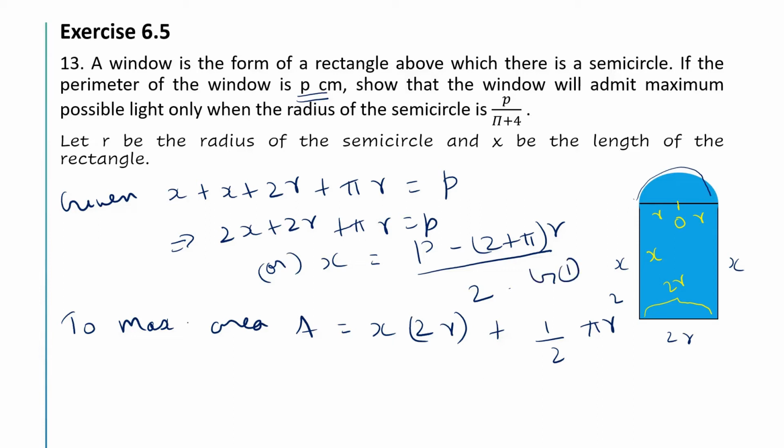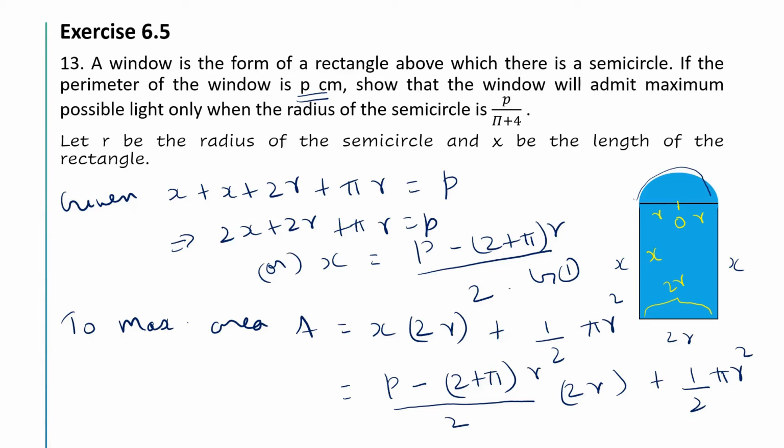So let us substitute x here. So this is equal to p minus (2 plus pi) into r, divided by 2, into 2r, plus half pi r square.